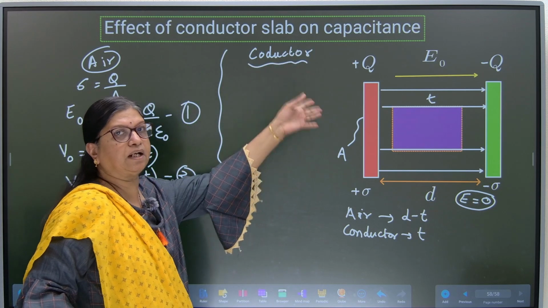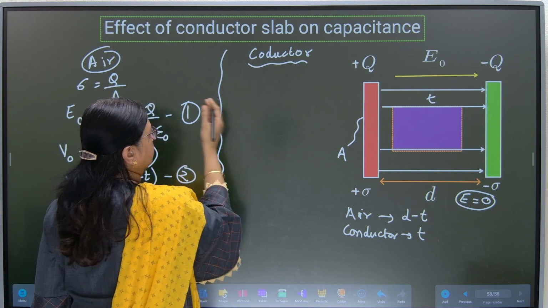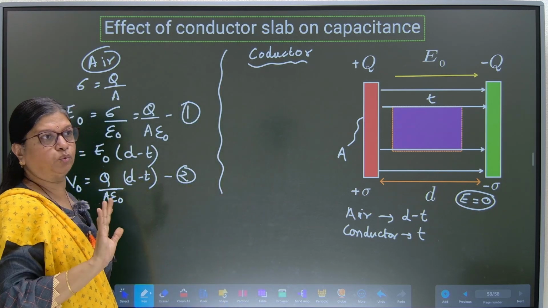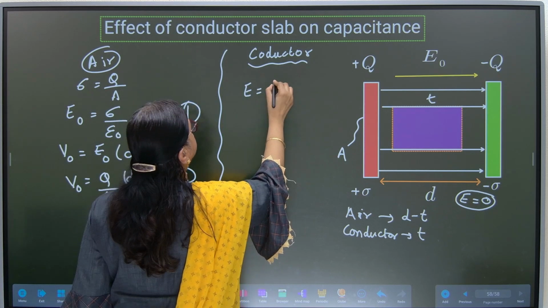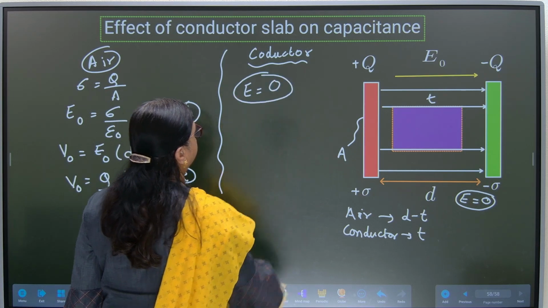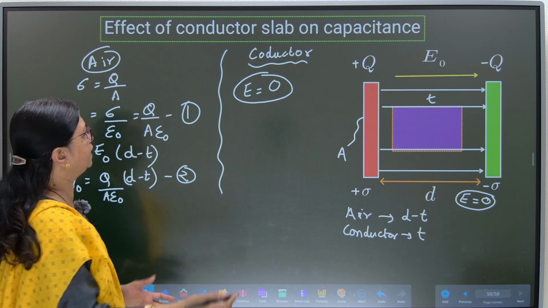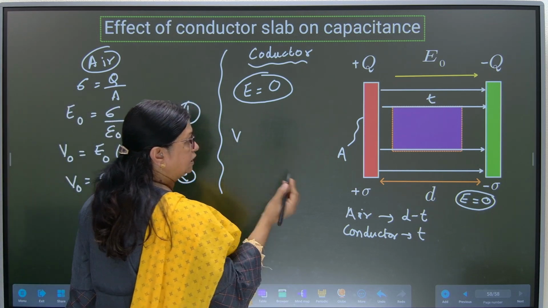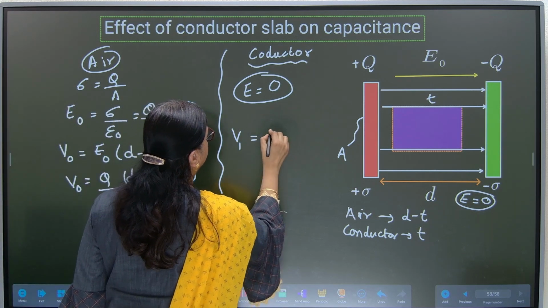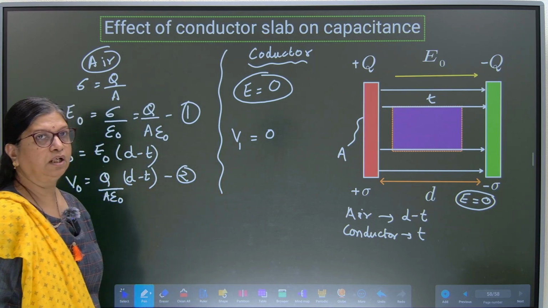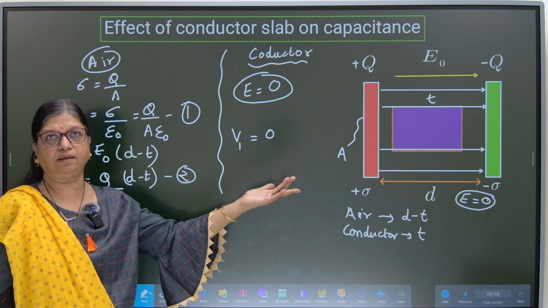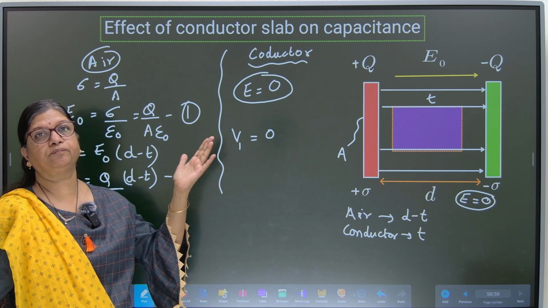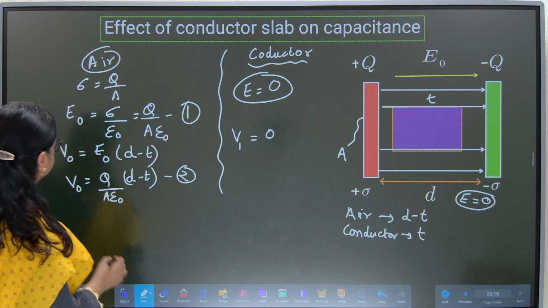When I place the conductor, sigma is same, Q upon A, there is no change. But what about the electric field inside the conductor? 0. So what is the potential difference, say V1, inside the conductor? 0, because electric field into the distance is 0 inside the conductor. Fine. So what is the total potential difference then?